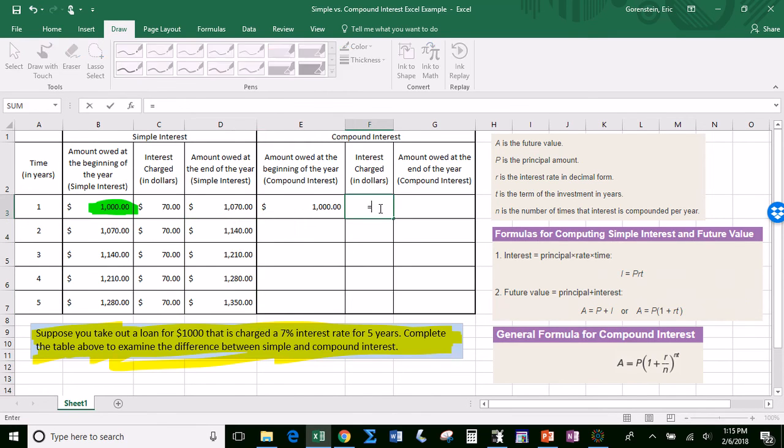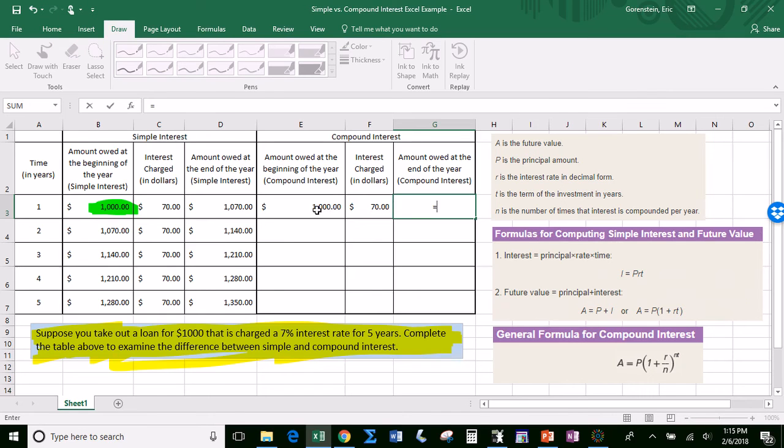The interest charged is 7% of the amount you owe. I'm going to use Excel for the calculations here; you can use a calculator if you like. And we get the $70 that we're supposed to get.